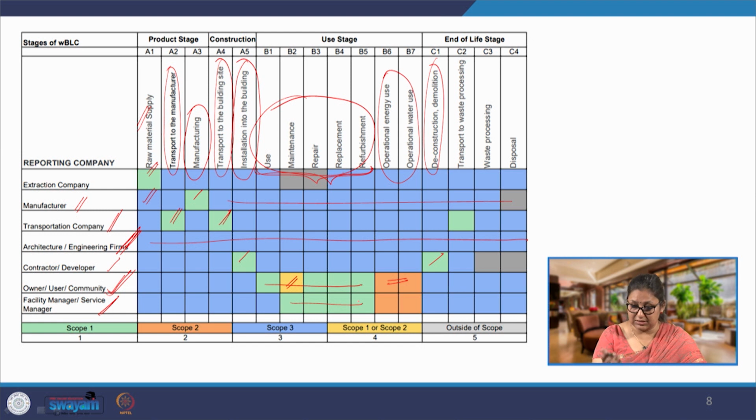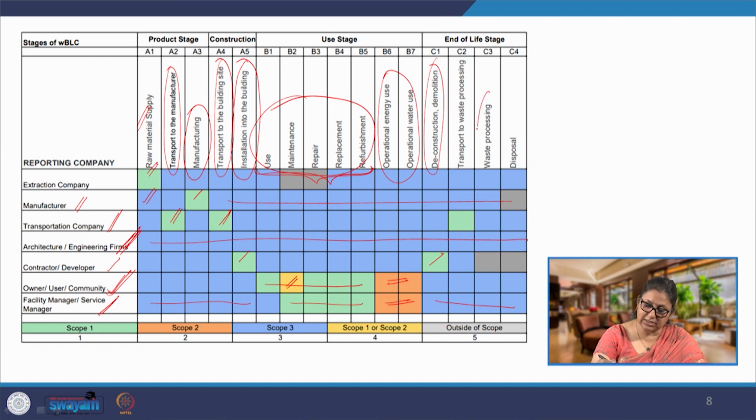The direct emissions, and the operational energy use and operational water use which take place due to the maintenance, repair, replacement and refurbishment, could be counted as scope 2 for the facility manager. The rest of it is scope 3.